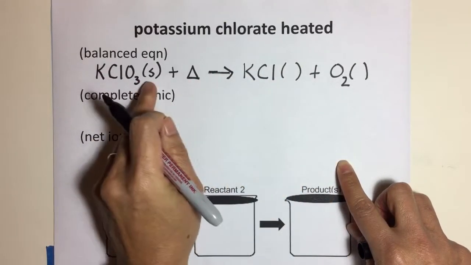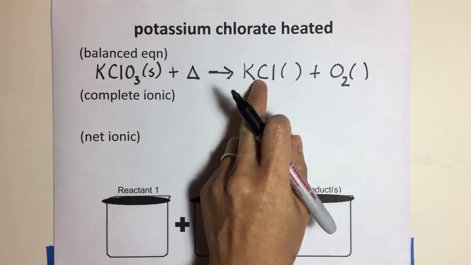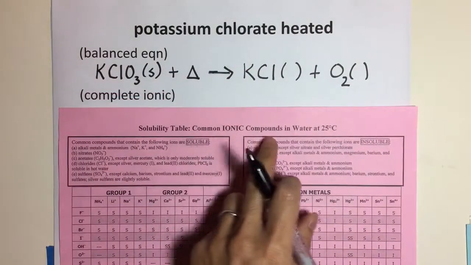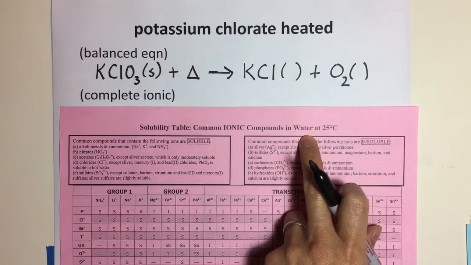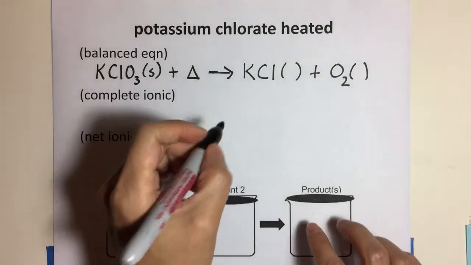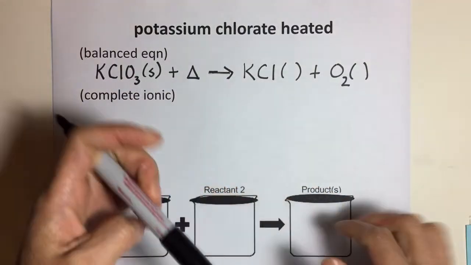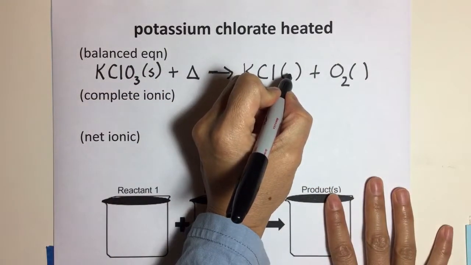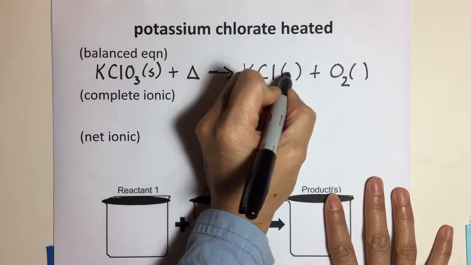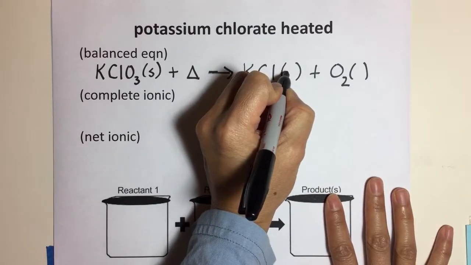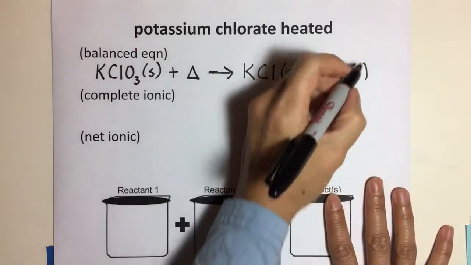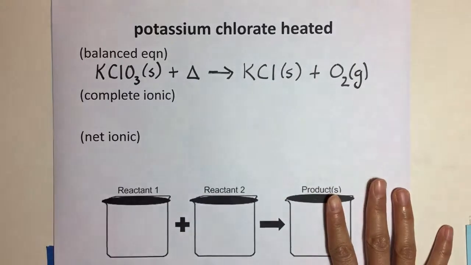Since we're not in solution, we can't look at our solubility table for our ionic compound because we're not in water. So we're really going to have to use our knowledge of ionic compounds and their states of matter. Since they take on that strong lattice structure with opposite charge ions, ionic compounds are solids at room temperature. Oxygen gas is a gas at room temperature.